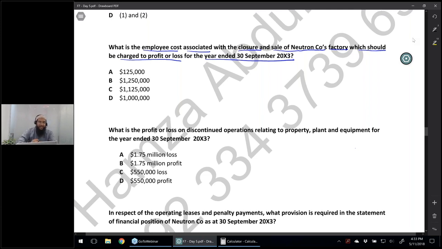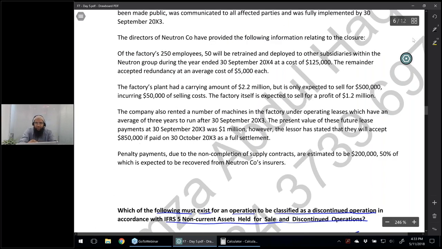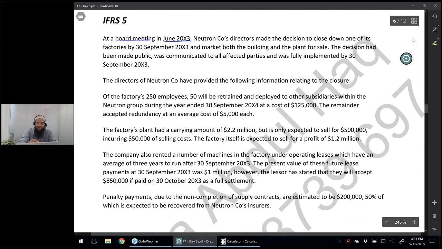The question says that at a board meeting in June 2023, Neutron Company's directors made the decision to close down one of its factories by 30th September 2023 and market both the building and plant for sale.